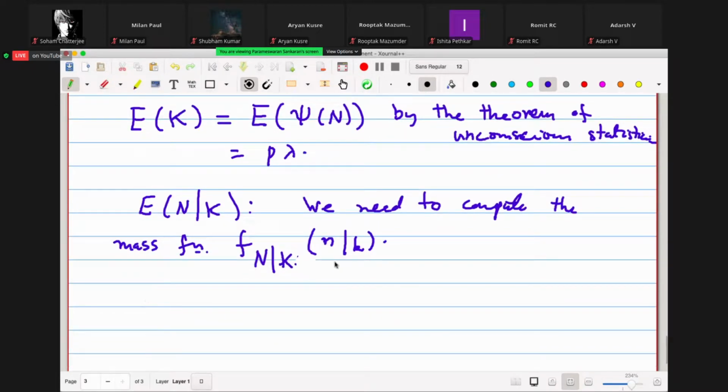In order to compute this, let's just write that first step. What is it?